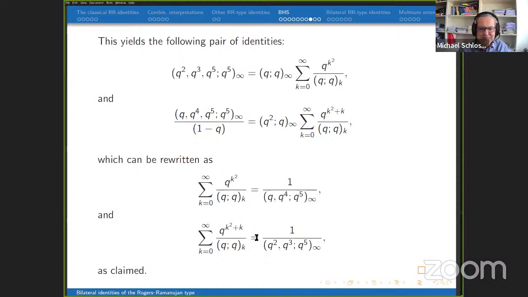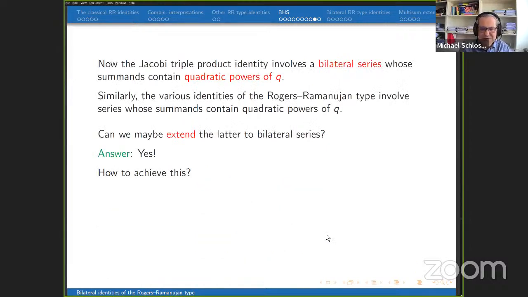That's why they're so difficult to prove without generalizing, where you have extra parameters with which you can do induction or functional equations.